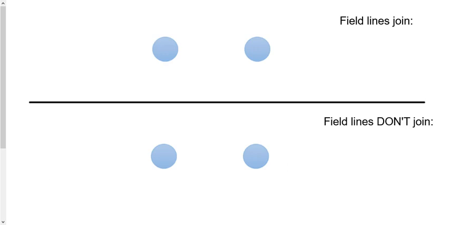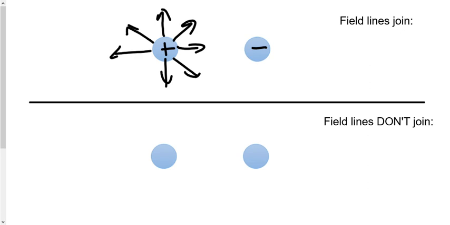What if I made these close enough where they interacted with each other? What if we made this a positive particle, this a negative particle? Well, away from the positive and toward the negative.